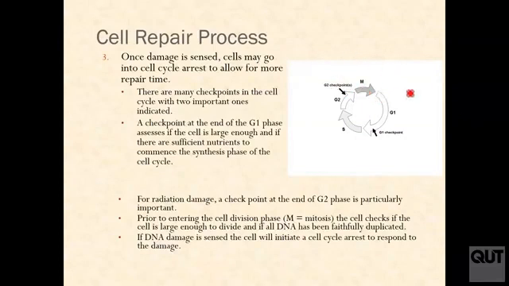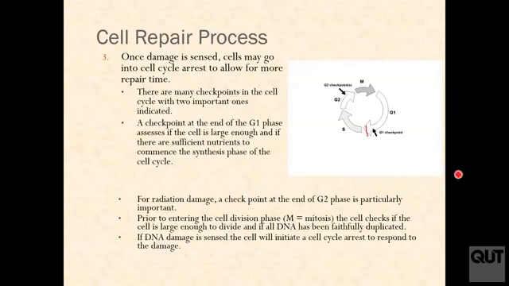There are different checkpoints in the cell cycle. There's a checkpoint at the end of the G1 phase to assess if the cell is large enough to start the division process, the duplication of the DNA and the division, and it also senses if there are enough nutrients to commence the synthesis phase.